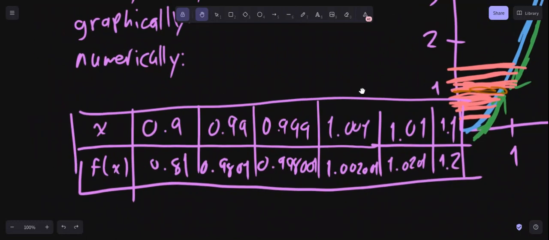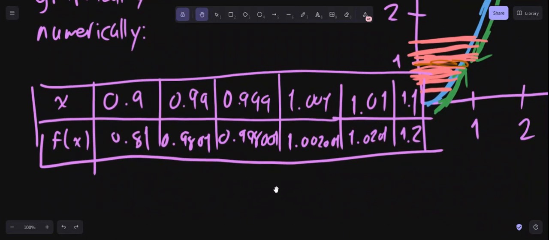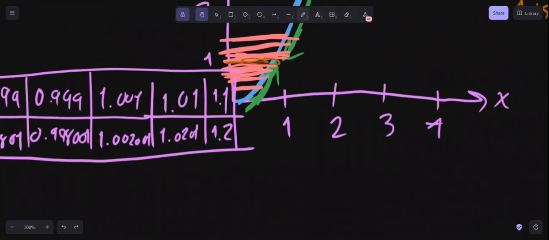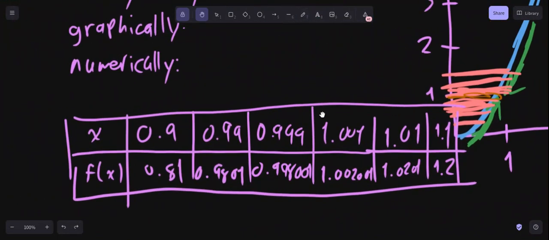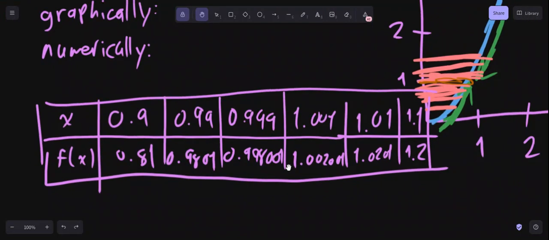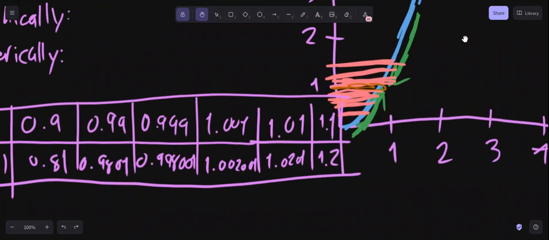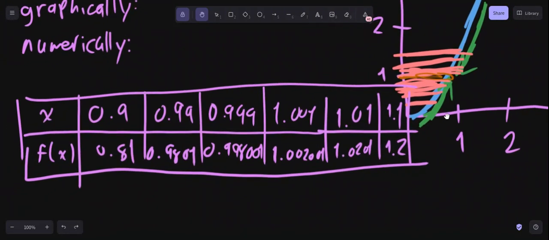So if we were given this table of values, what would we estimate the limit of f of x as x approaches 1 would be? Well, just like here, you follow it from both directions: for values less than 1 that are getting closer to 1, and values greater than 1 that are getting close to 1.